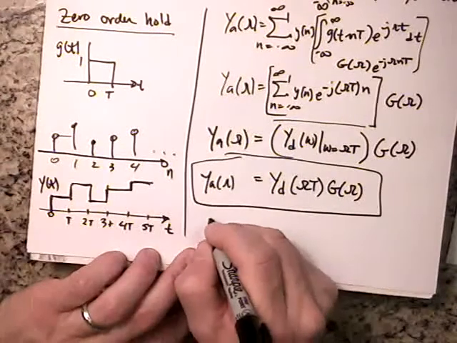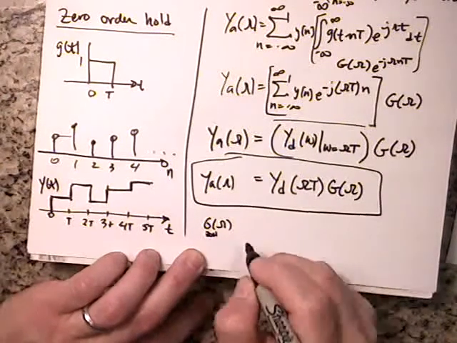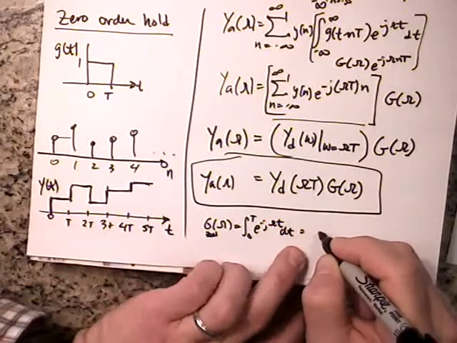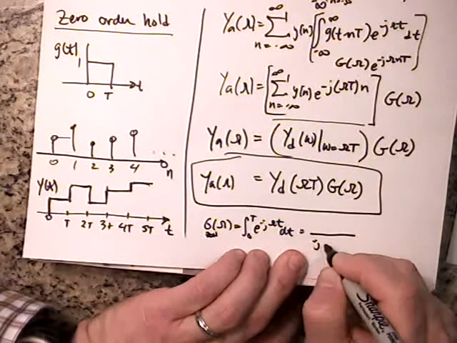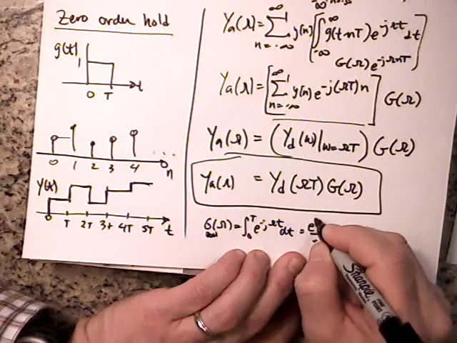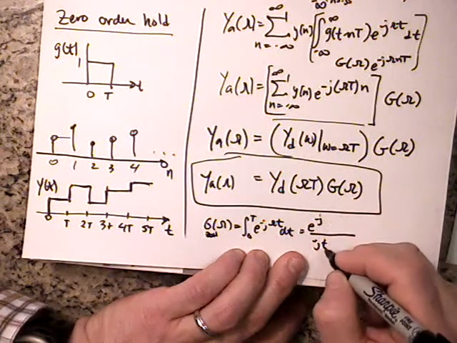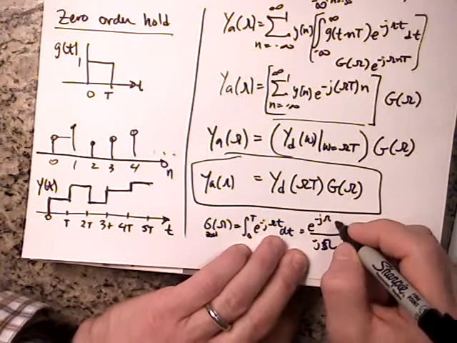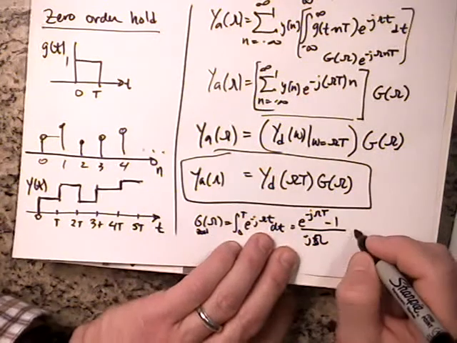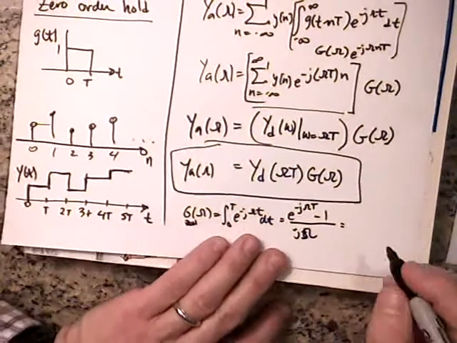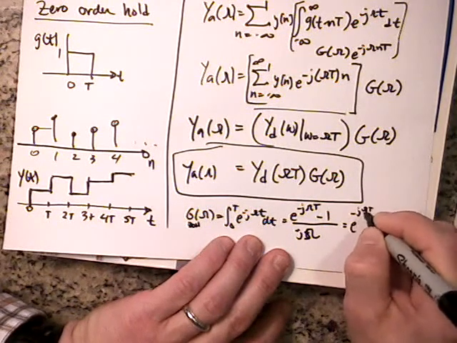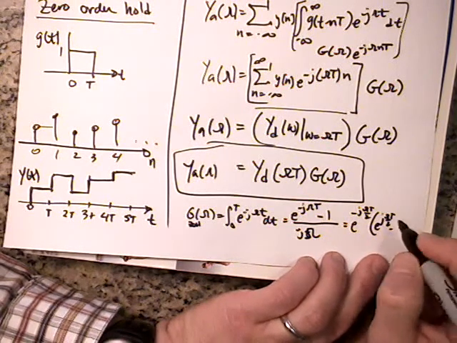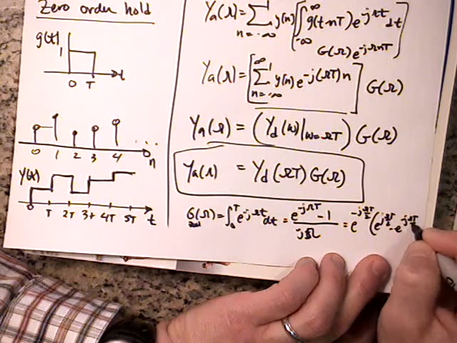let's write down what G of omega is in this case. G zero-order hold of omega is the integral from 0 to T of e to the minus j omega t dt. So that's 1 over minus j omega times e to the minus j omega T minus 1, which is e to the minus j omega T over 2 times e to the j omega T over 2 minus e to the minus j omega T over 2.